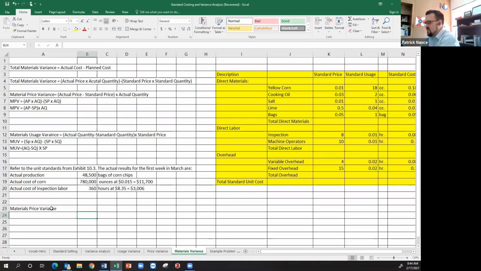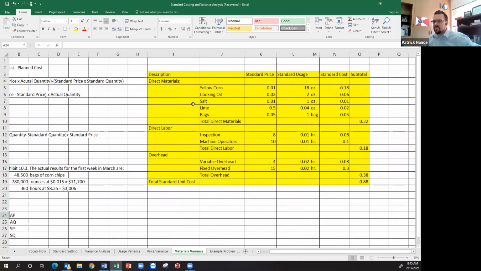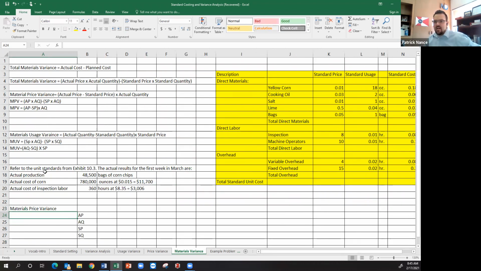First thing I need to do is find my four elements. I need my actual price, my actual quantity, my standard price, and my standard quantity. In this problem, these are my standards for the bag of corn chips that I'm making: standard usage, standard cost, all those things. And this is my actual cost given in the problem.